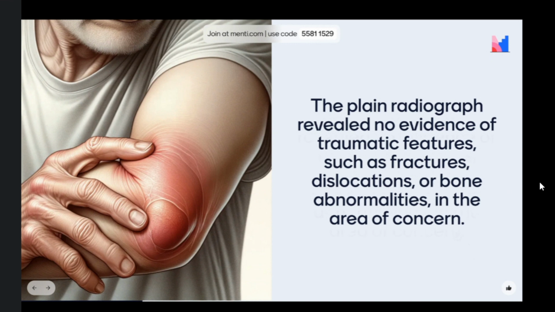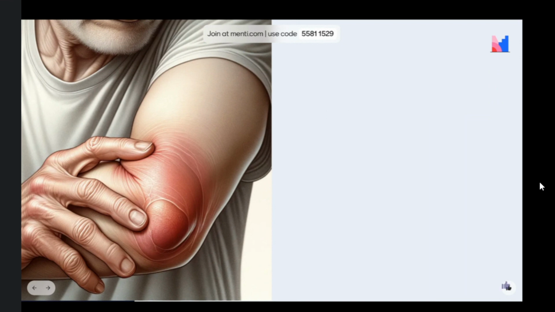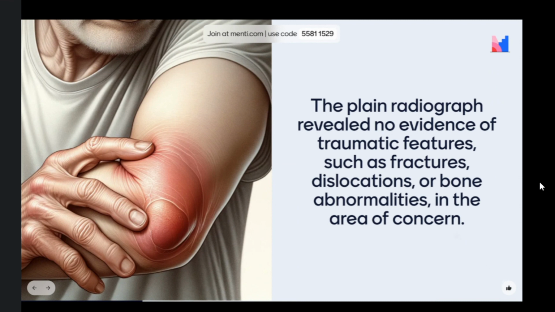So I hope that you know now the case. We will repeat: it's a 53-year-old man with a post-traumatic swelling of the left elbow, and the plain radiography showed nothing.